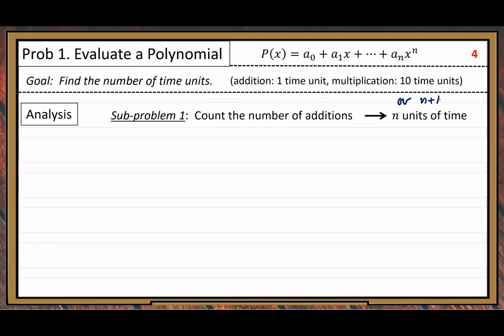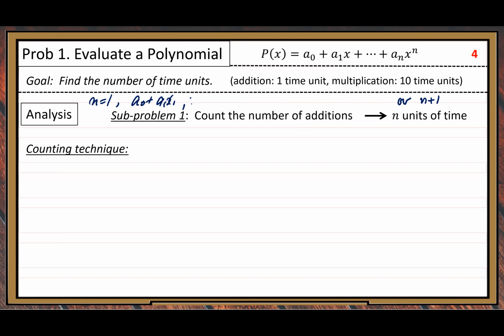How to find it out? Can you still use our previous strategy we used before? Our old strategy, try some simple cases. When n equals 1, how many additions? You have a0 plus a1x, one addition, right?